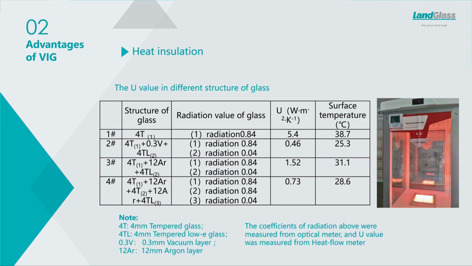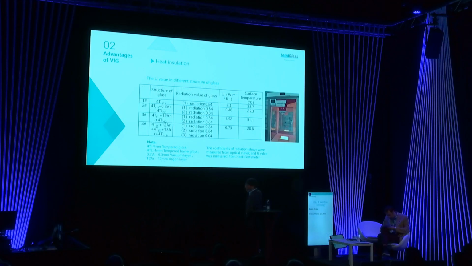You can see VIG gives you the lowest U value. I want to say something about the test. Inside this heating chamber, the temperature is about 60 degrees, and outside the room temperature is about 25 degrees. VIG finally gives you about 25.3, so it's very close to the room temperature.